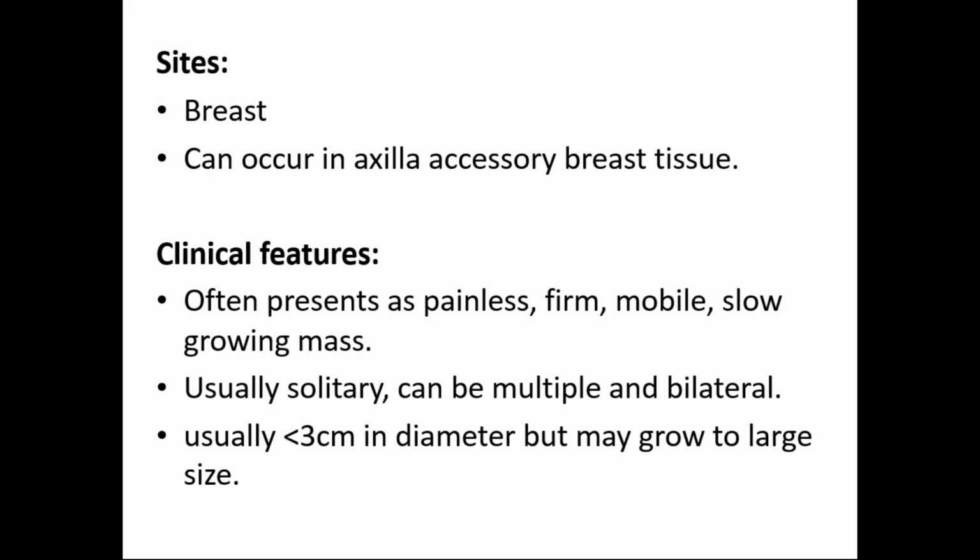Sometimes we can call it by a vague term like a breast mass. Usually these are solitary lesions, and sometimes they can be multiple and bilateral. Most commonly they are less than 3 centimeters, and in some conditions they can increase to a larger size, that is more than 3 centimeters.